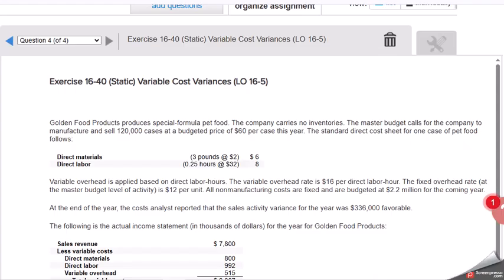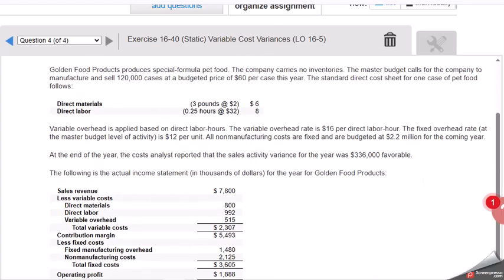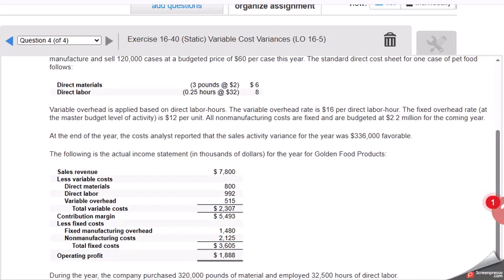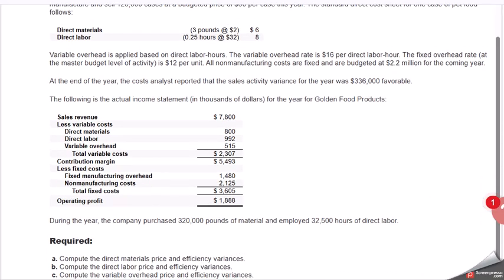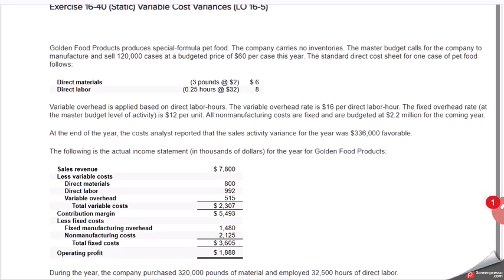Okay, then our variable cost variances. This one is definitely going to get into a lot more detail, so this will be one you'll want to focus on. Our direct materials are 3 pounds per case of pet food at $2 a pound.